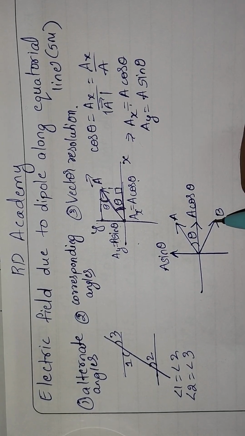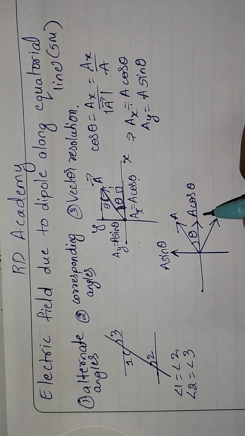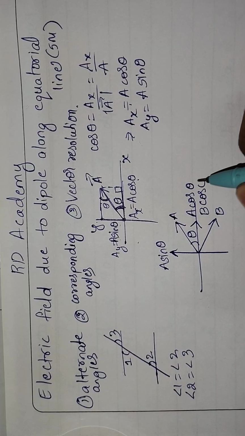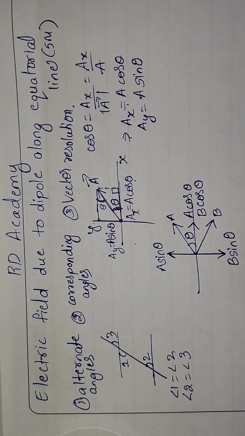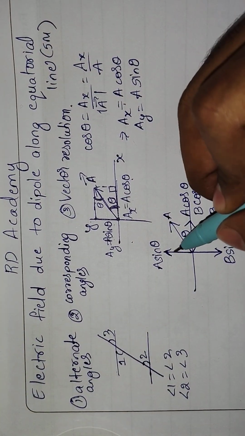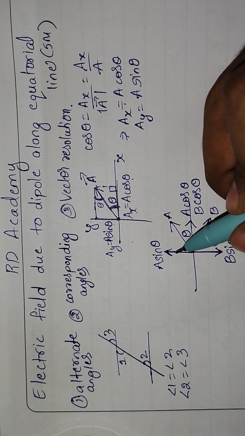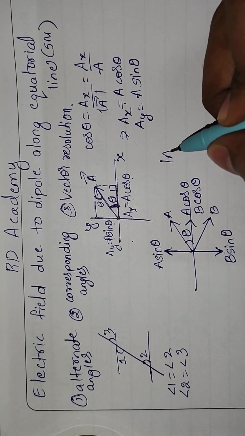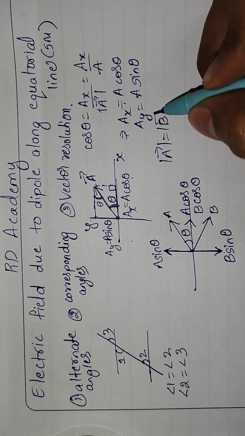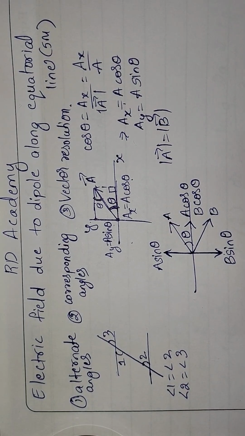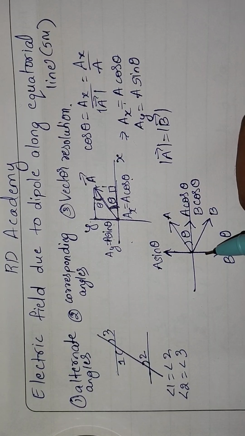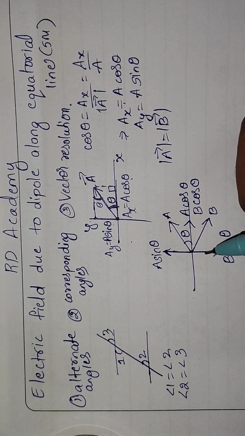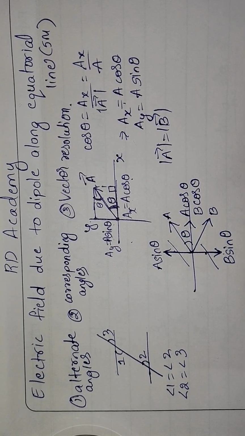Similarly, the B component along this direction is B cos theta, and along this direction it is B sin theta. Now can you see one thing? This A sin theta and B sin theta are equal in magnitude, provided I assume the magnitude of vector A is equal to the magnitude of vector B. These two are equal in magnitude, but they are opposite in direction. Hence they will cancel each other.